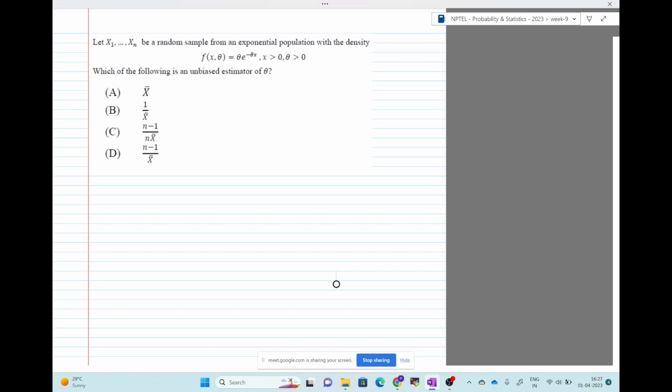And it is in terms of x bar. So what will be the distribution of x bar?